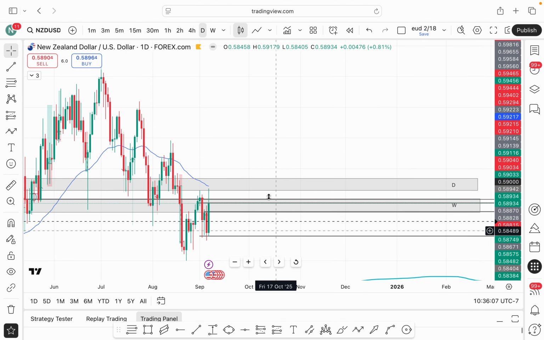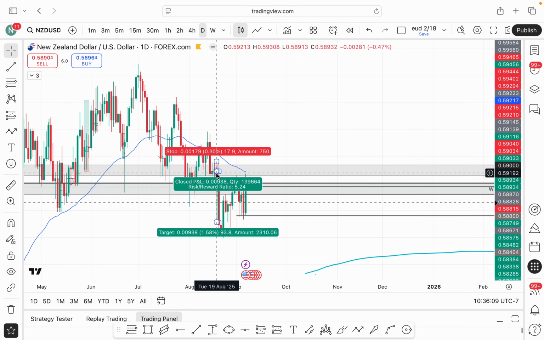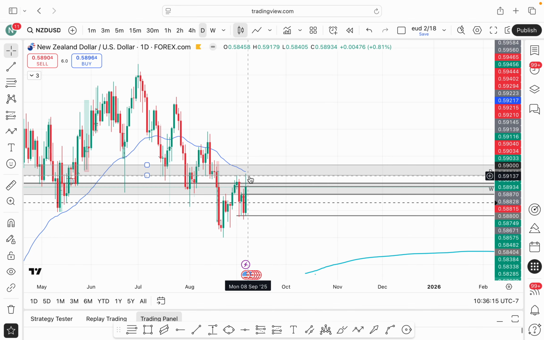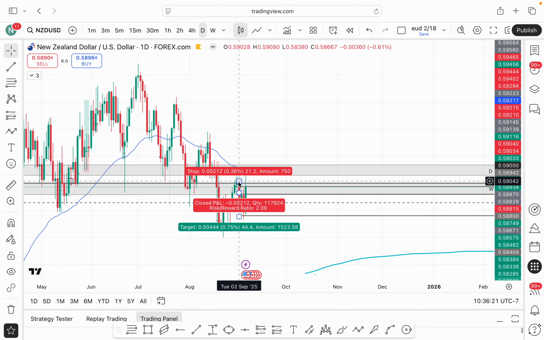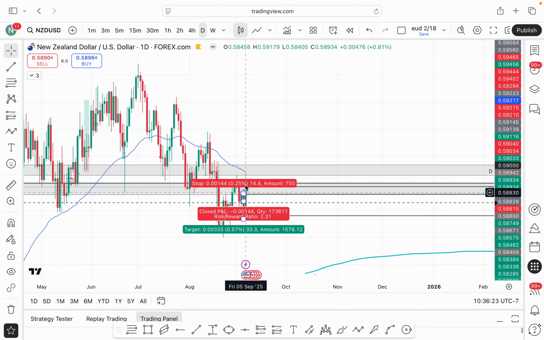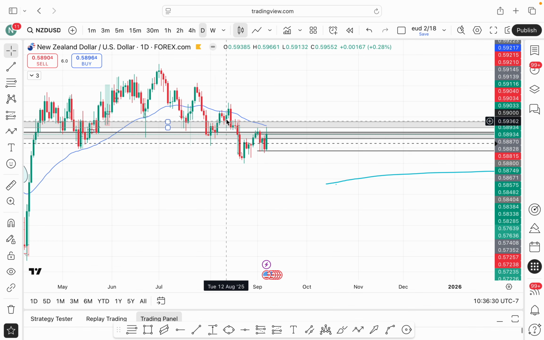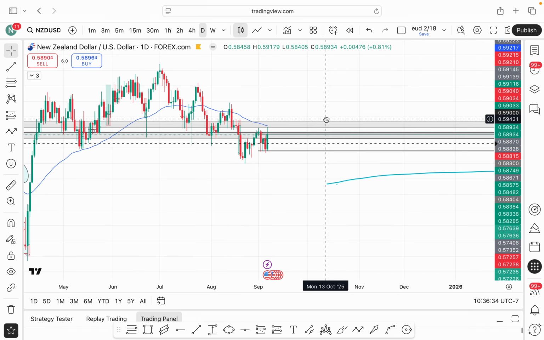Then I see some rejection of the previous structure point, daily candlestick rejection, possibly touching the EMA for daily as well. This one right here is the bearish engulfing area of interest rejection. We have the bearish trend market, right?